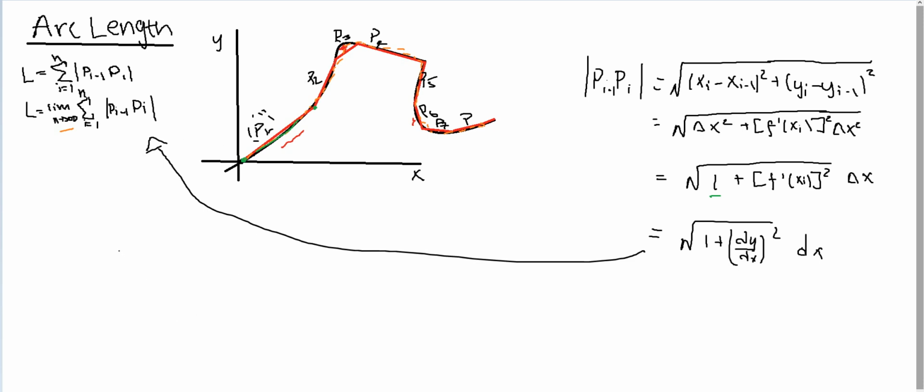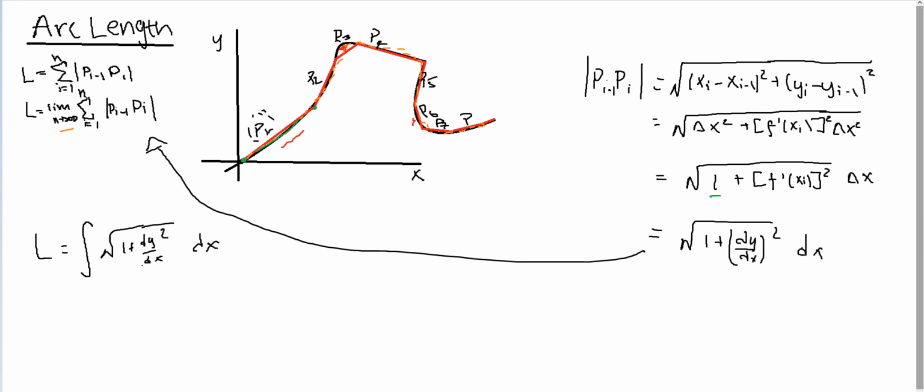Now, if we were to plug |P_{i-1}P_i| back into this equation, we can state that L is equal to the integral of the square root of 1 plus (dy/dx) squared dx. This is because when we want to find the sum over infinitely many very small intervals, we are essentially saying that we want to take the integral of this region.